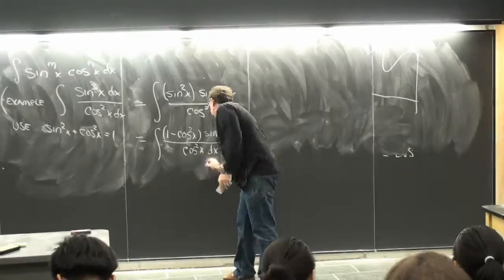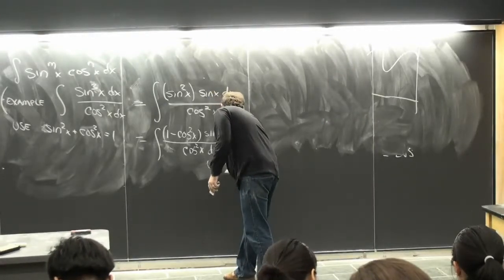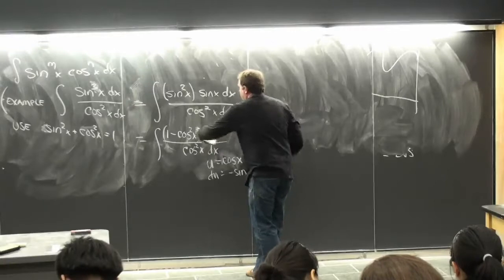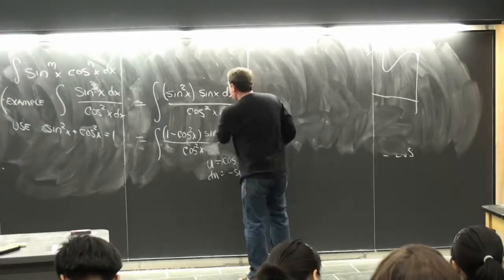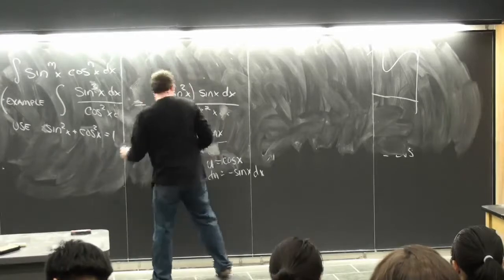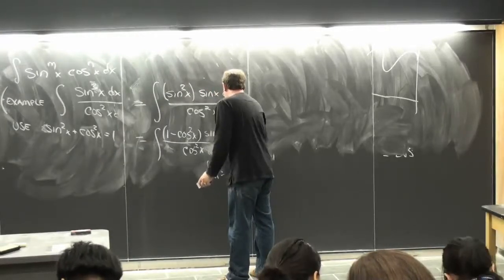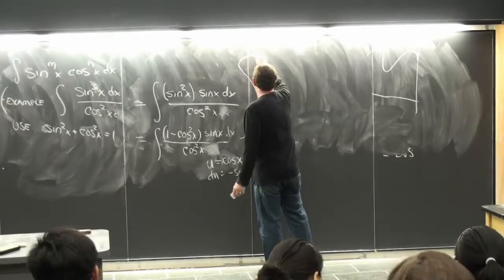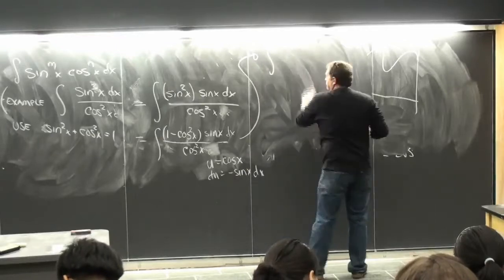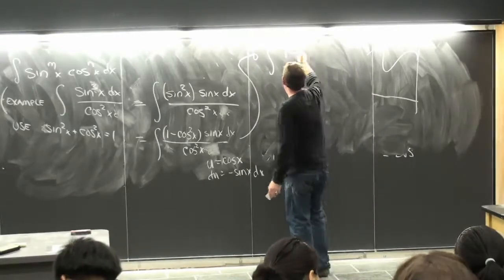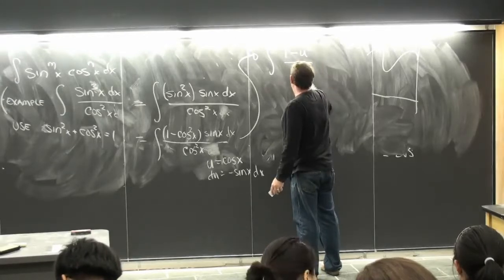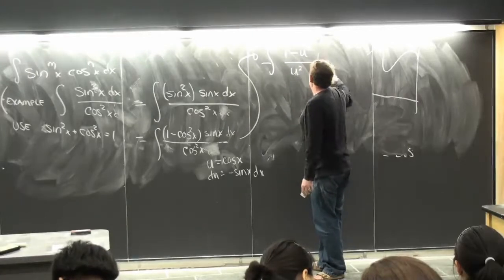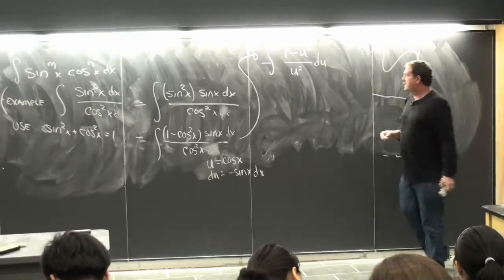I let u be the cosine, so du is minus the sine, which is sitting right there. Oops. How did my dx get to the bottom there? Doesn't make any sense. Sorry. My du is sitting right there. So this becomes, what does it become? 1 minus u squared over u squared and this is a negative du.